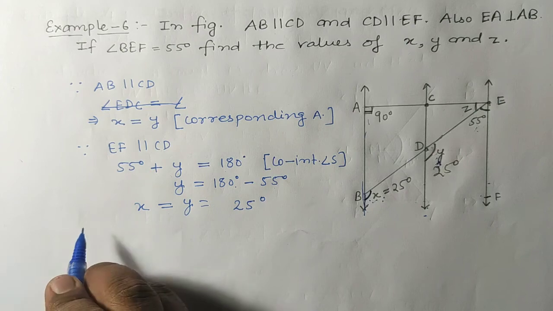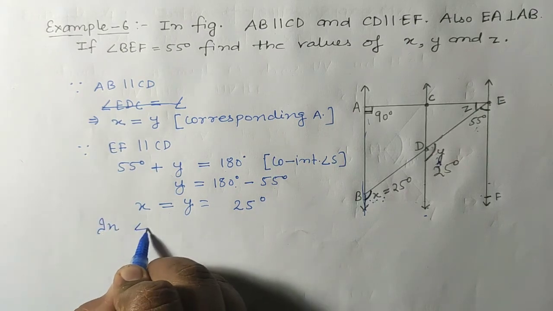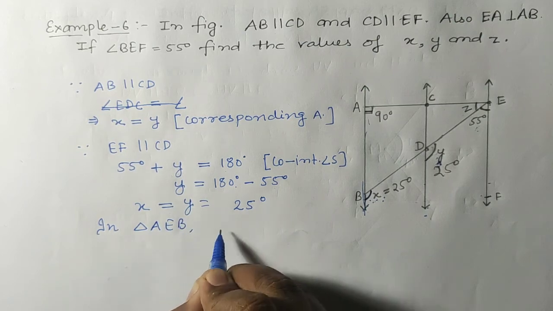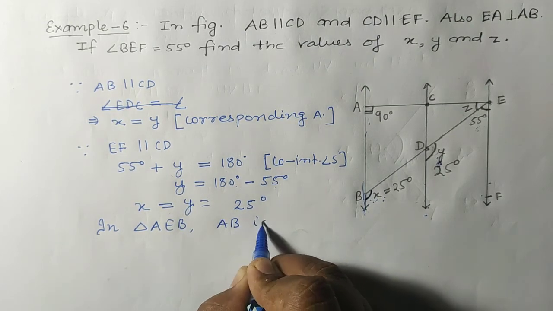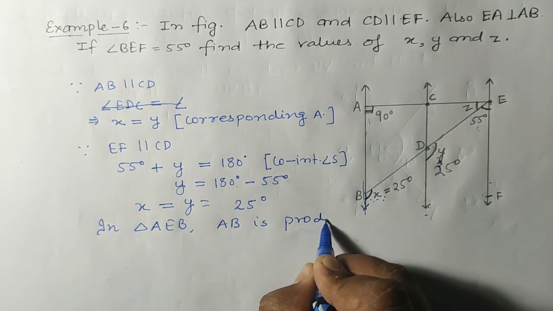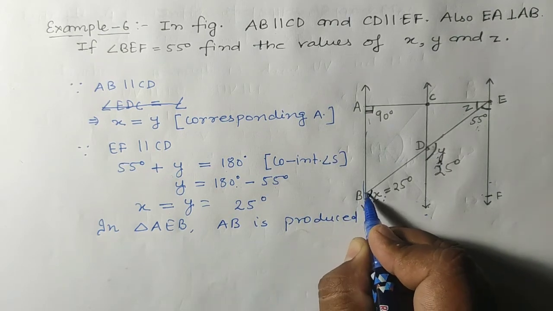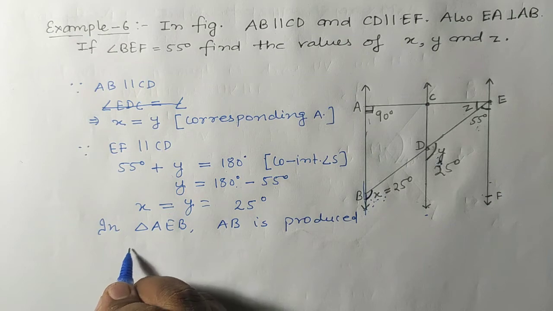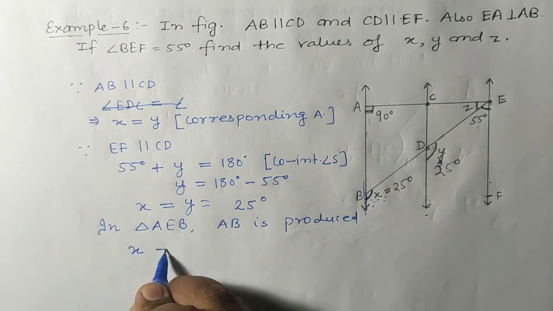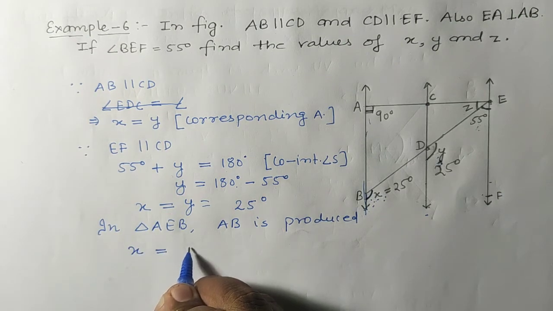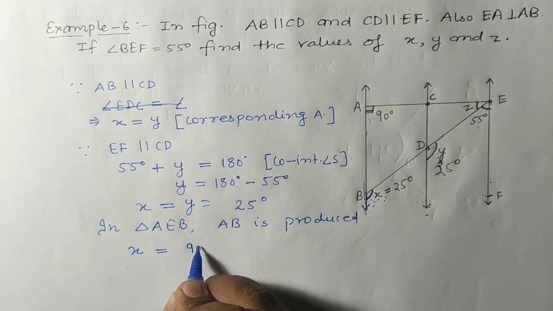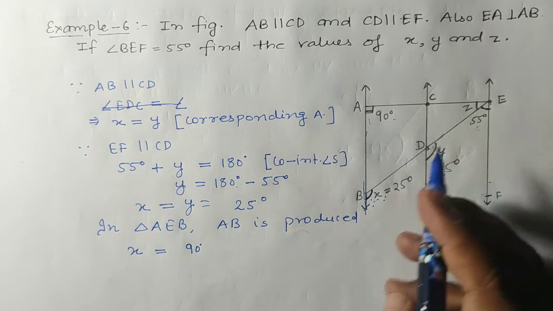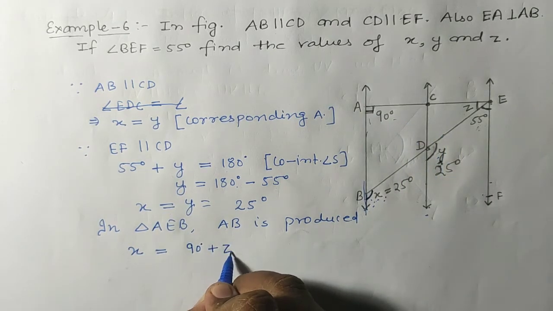See, in triangle AEB, AB is produced. The exterior angle X will be equal to the sum of the two opposite interior angles, means 90 degrees plus Z.